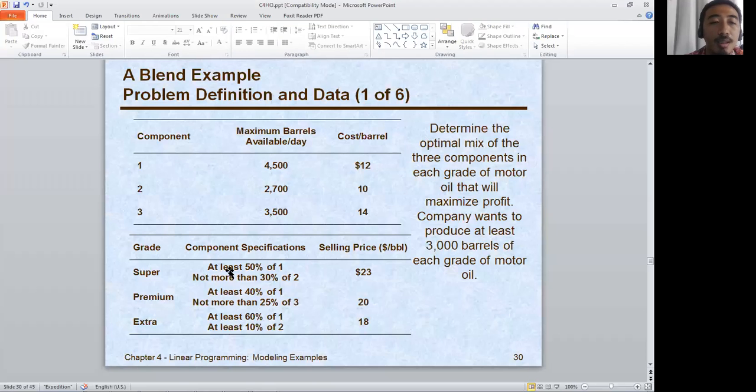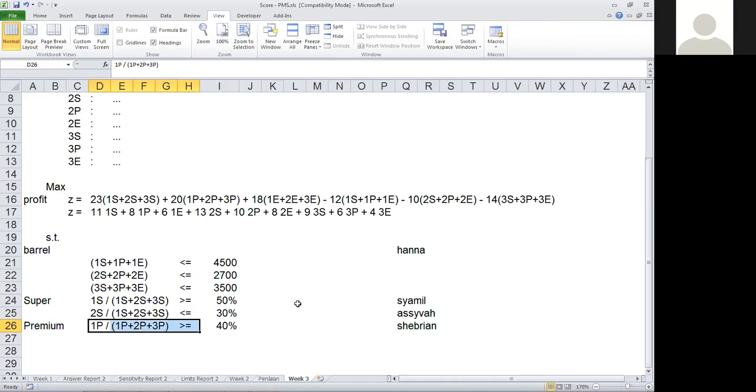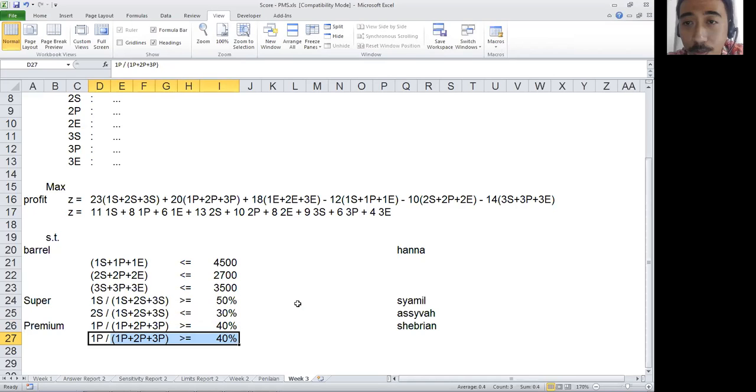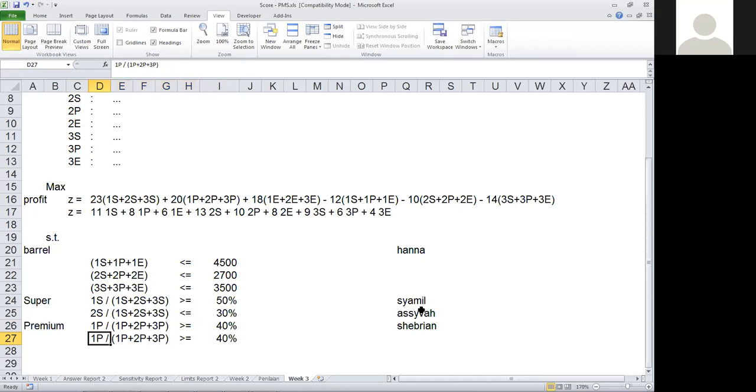How about the second line? Not more than 20% of 3. So? 3. Yes, sir. What's your name, V3? Okay. So which one do we need to change here? 3p. This one is 3, okay.